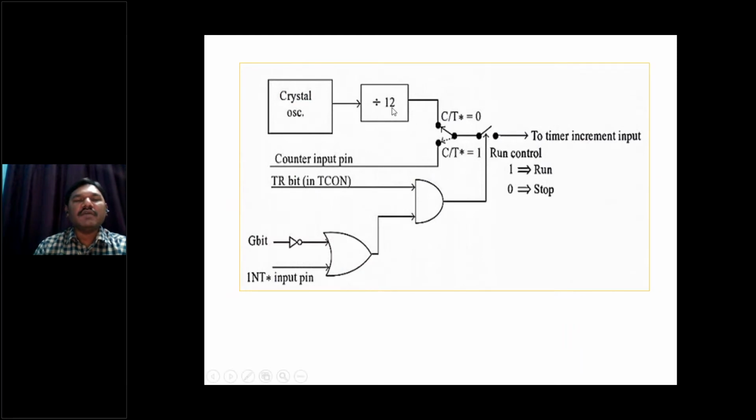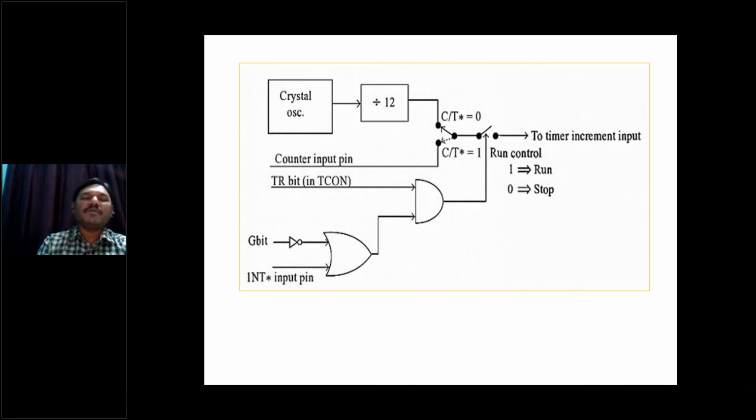So here the frequency is divided by 12, and then it is connected to a control input, C by T bar. If the switch is connected to this point, it acts as a timer, and if it is connected to this other point, it acts as a counter. What is the difference between timer and counter? If the block counts the internal circuitry timing pulses, it is called a timer.